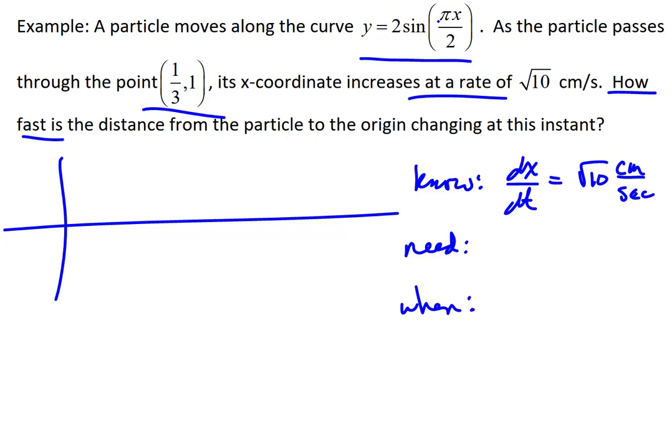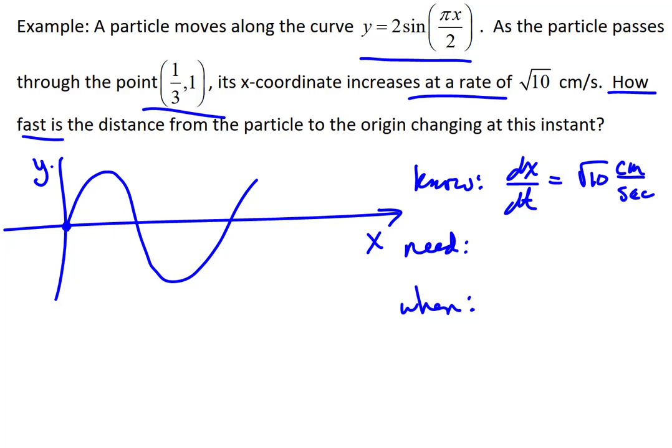And then the pi over 2 inside the input just changes the period. But altogether, the graph will still look roughly like the familiar sine graph, passing through the origin and then increasing and going through its sinusoidal periodic pattern as it increases to the right. Of course, this is our x-axis and our y-axis.